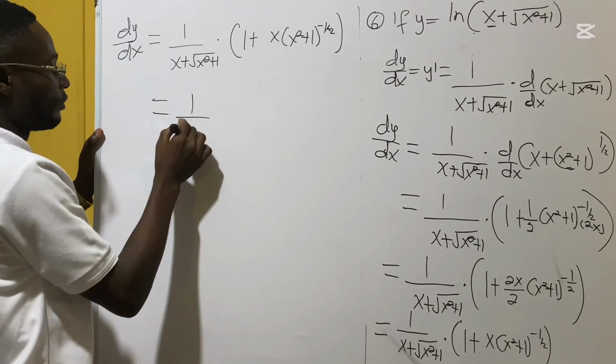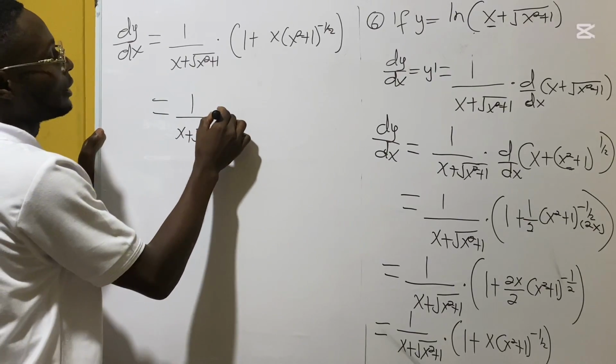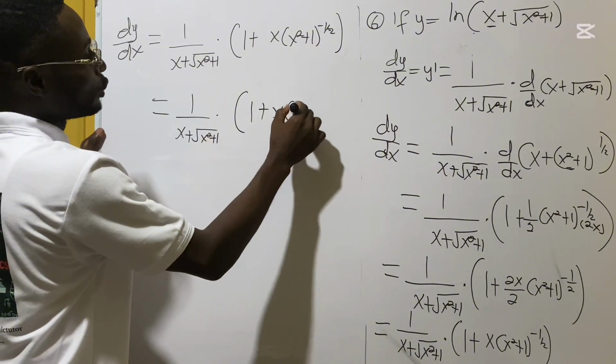So we have our dy/dx equals 1 over x plus square root of x squared plus 1, times 1 plus x into (x squared plus 1) exponent negative half, right?